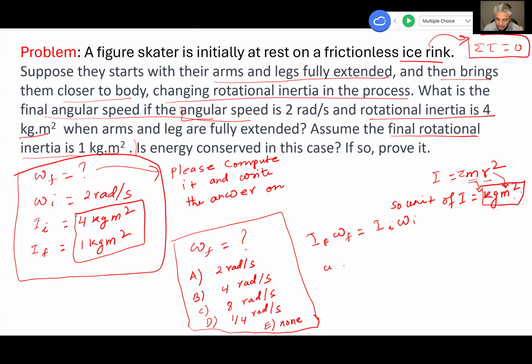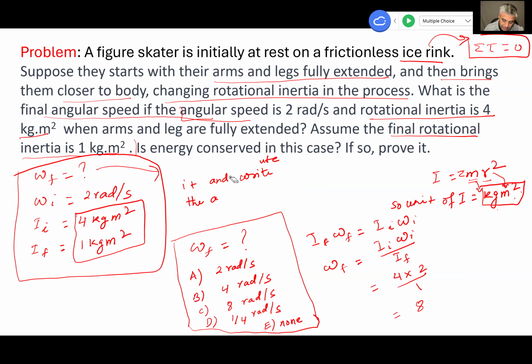So that means omega_F is I_I omega_I over I_F. So I_I is 4, omega_I is 2, I_F is just 1. So because of that, it becomes 8. Okay, so that is great.